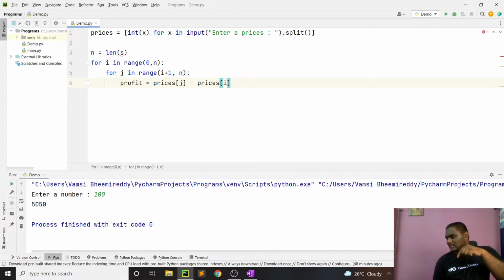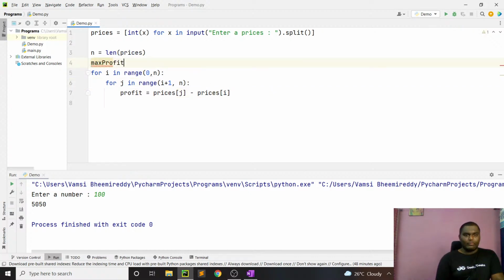Then let's say max profit equals 0 as of now. If you are not making any profit, let's return 0. Don't return any negative value like a loss value. So here max profit is equal to max of profit comma max profit, right?